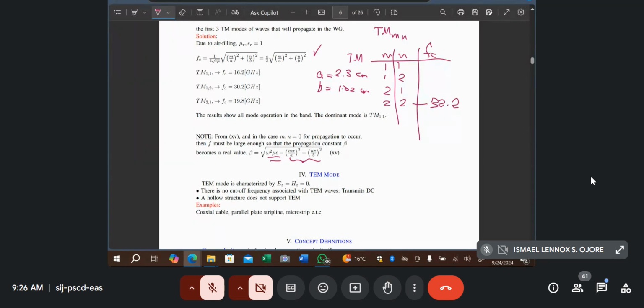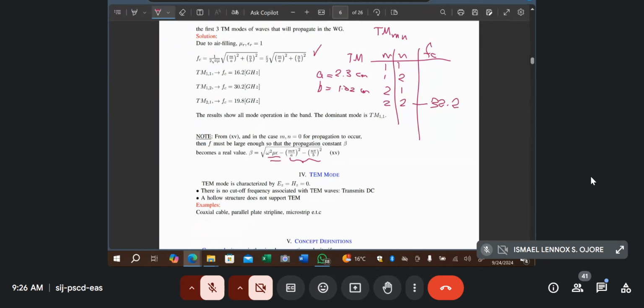So you could be asked to give examples of devices that actualize the TEM mode. So you can have a coaxial cable, which is still 2 conductors. You can have parallel plates. You can have a strip line. You can have a microstrip or a slot line.